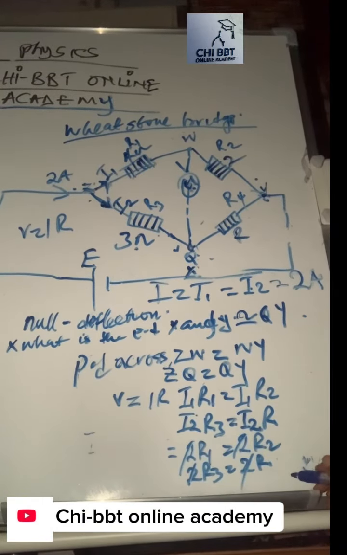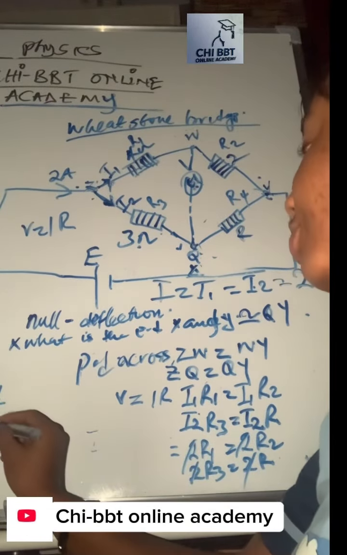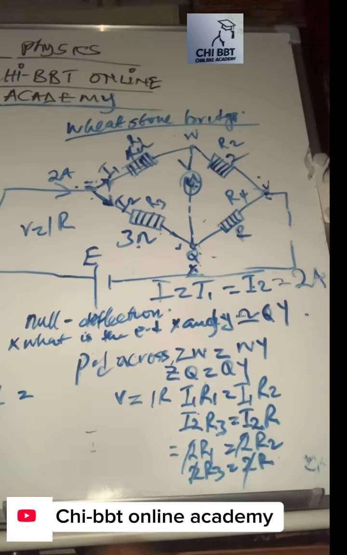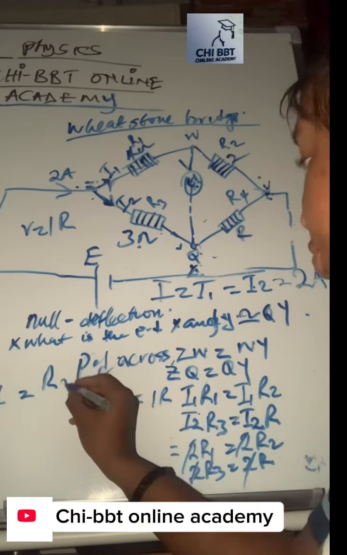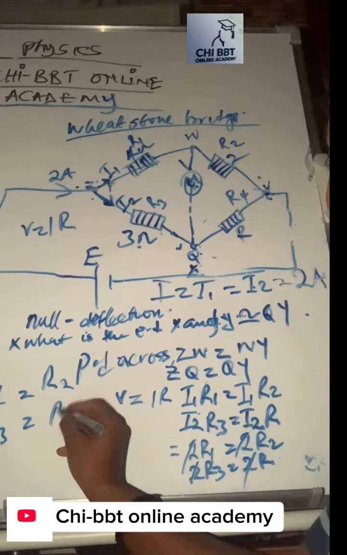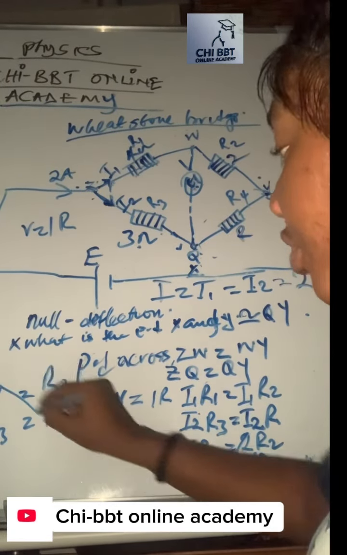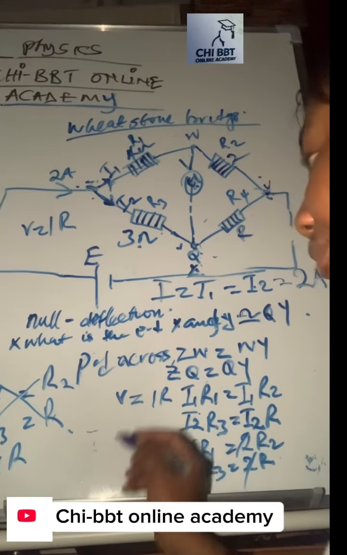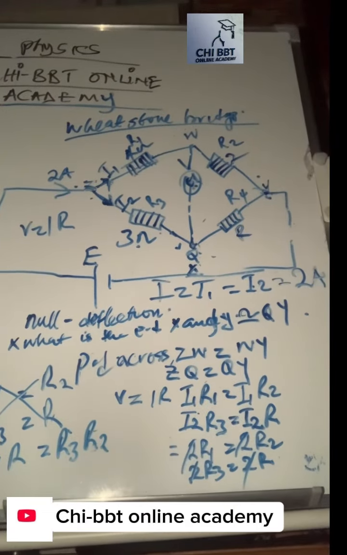Now we'll have something like this: R1 equal to R2, then R3 equal to R4. This is not over yet. This R4 is R. So we cross multiply. If we cross multiply, we will have R1 R equal to R3 R2, right?